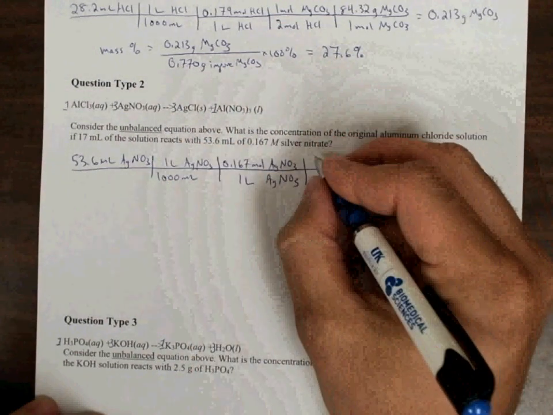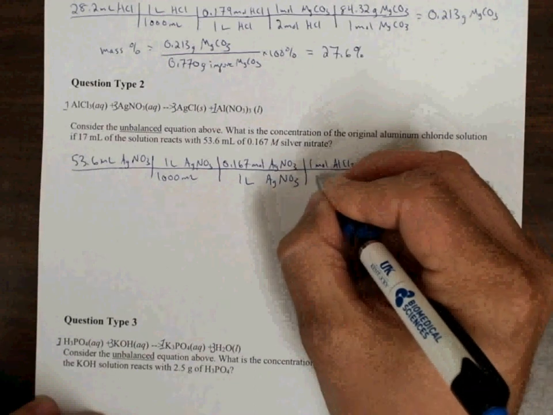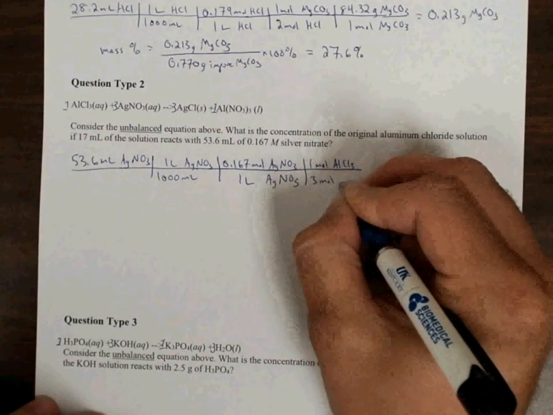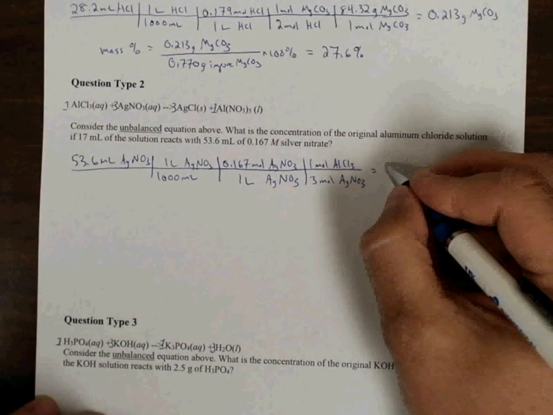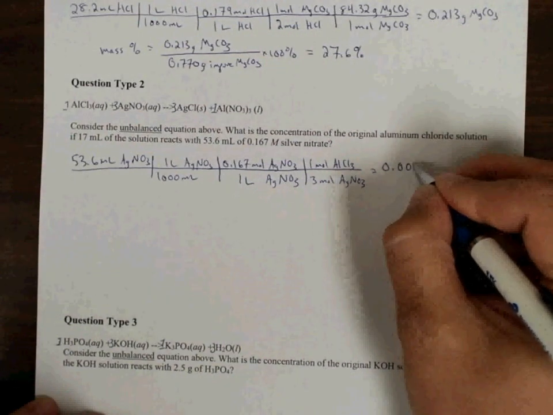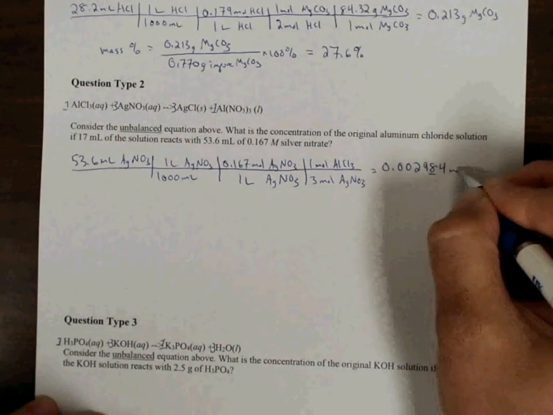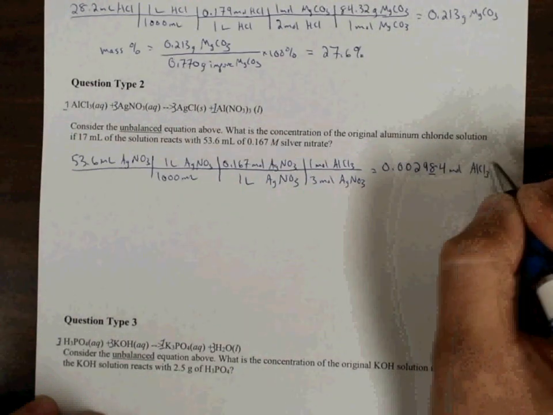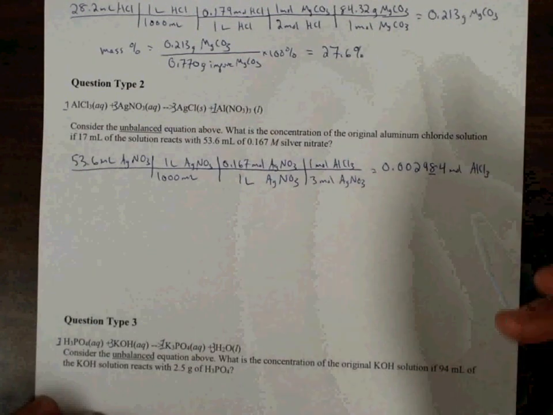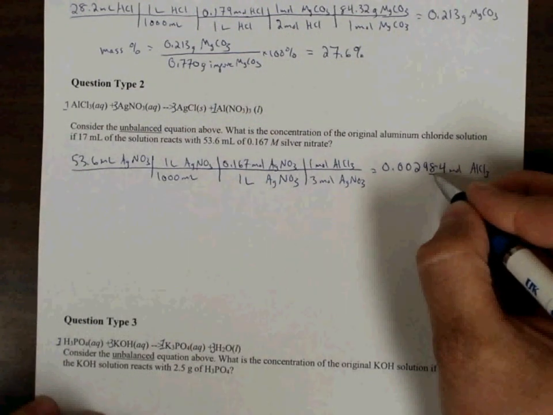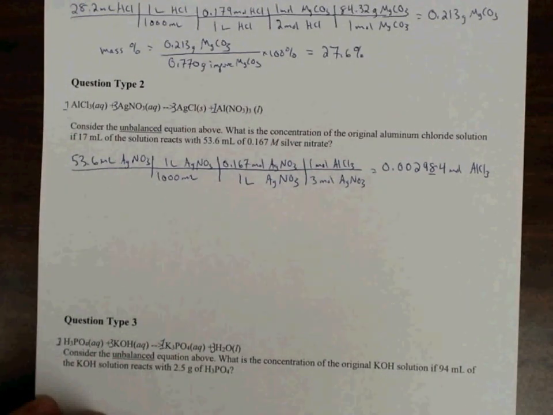Then use our stoichiometry. So there's 1 mole of aluminum chloride per 3 moles of silver nitrate. That's going to give us 0.00298 moles of AlCl3. Notice I kept 1 additional sig fig because I don't want to have any rounding errors yet.